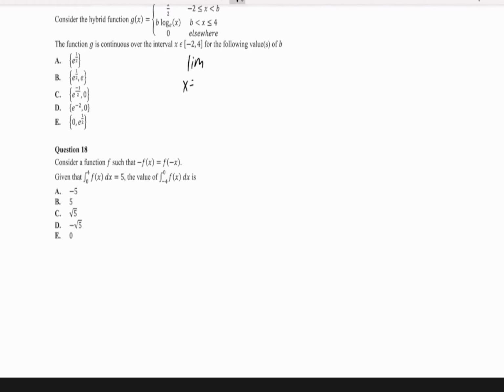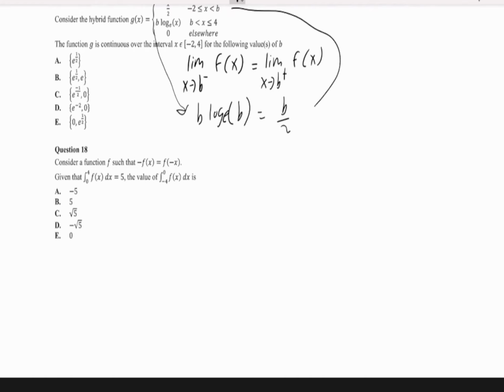Limit x goes to b minus f of x has to equal limit x goes to b plus f of x. And that's log e b, I can write that here, just plug that stuff over here, equals b on 2, which you get from the first function.